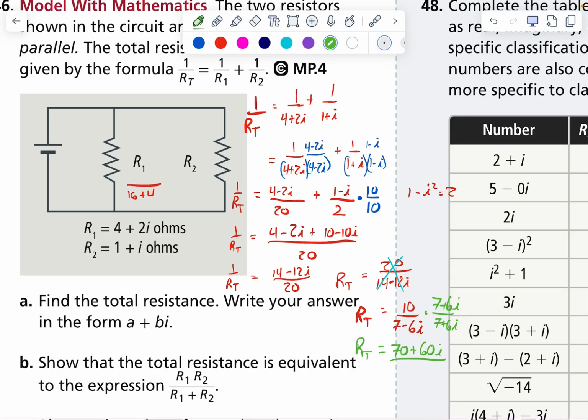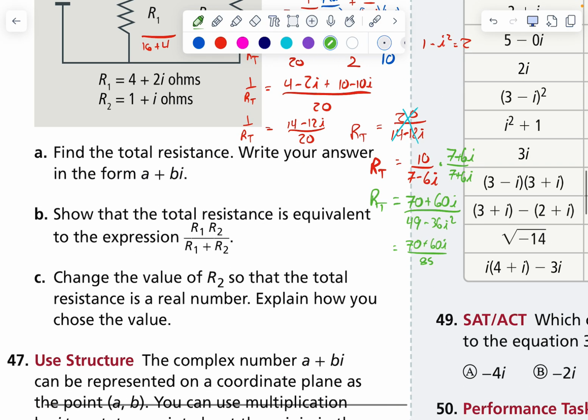So 70 plus 60i in the numerator. And what do we get here? 49 minus 36i squared. Sorry. So that's 49 plus 36, which is what, 85? Okay, and then what goes into 70, 60, and 85?